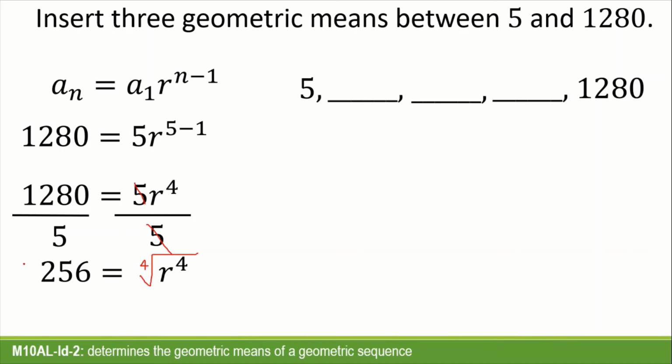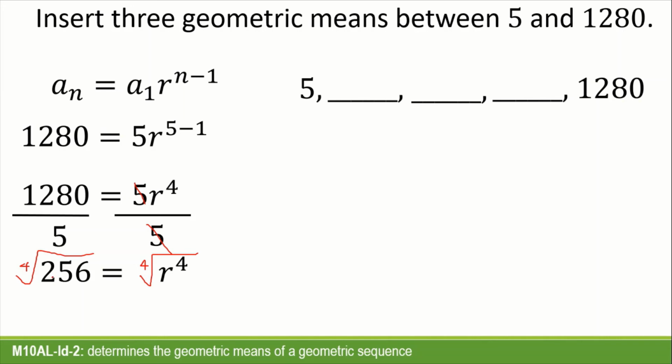So, 4th root of r raised to the 4th power and fourth root of 256. Paano nalalaman kung anong root yung hinahanap natin? So, nakadepende siya sa exponent ng r. So, halimbawa, kapag after solving, nakarating ka ng r raised to the 9th power, to solve for r, you get the 9th root.